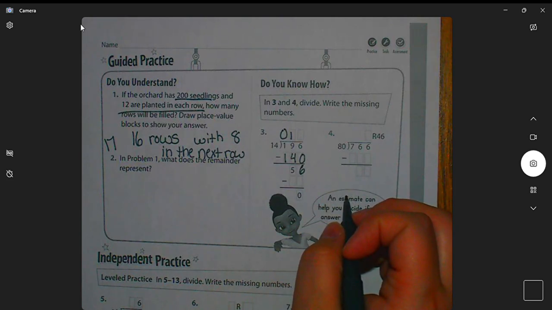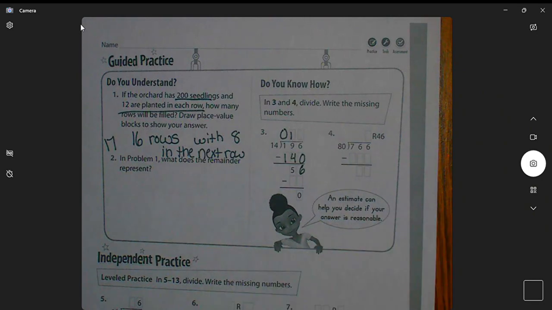How many 14s can I get into 56? For this one, I may use a calculator. But I know I can add 14s in my head. So I know 14 plus 0 is 14. 14 plus 14 is 28.